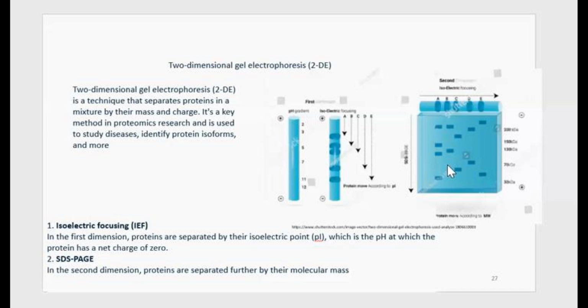As they start moving, the surrounding pH will be steadily increasing, because you have generated a gradient by adding the ampholytes, right? So the positive charge on the protein will go on decreasing until eventually the protein reaches a point where the pH is equal to its isoelectric point, and as a result, the net charge will be nullified to zero.